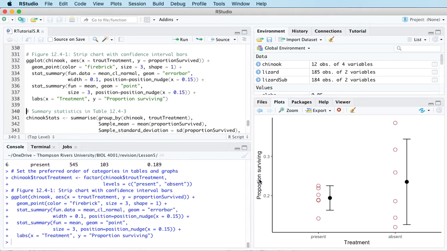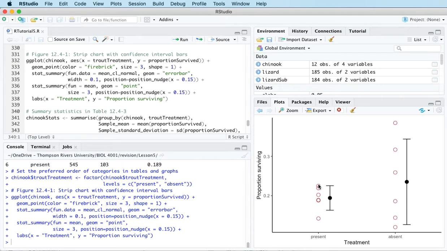So here we go. The proportion surviving in each of 12 streams is the response variable in this case, and my predictor variable, or treatment variable, is whether brook trout are present in the streams or absent from the streams.